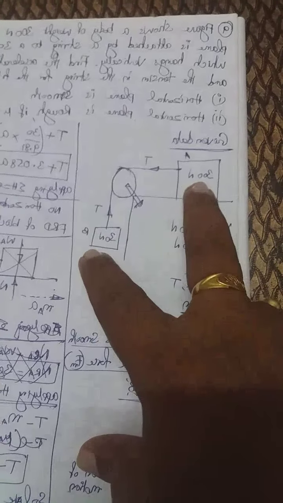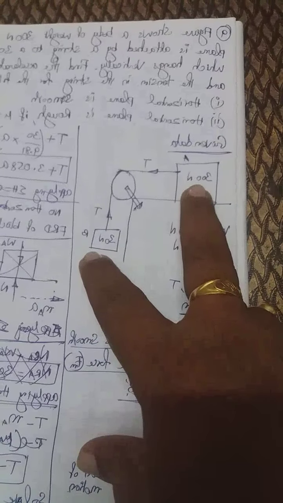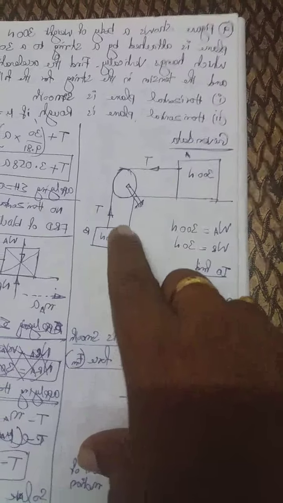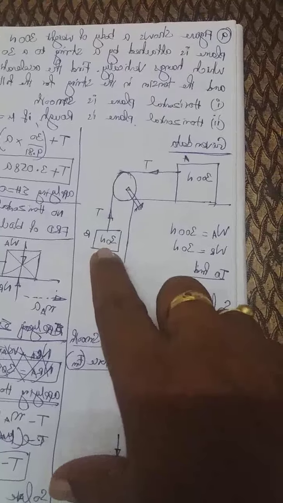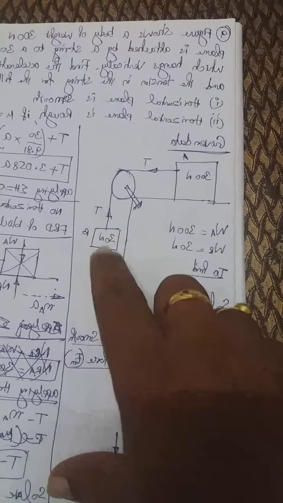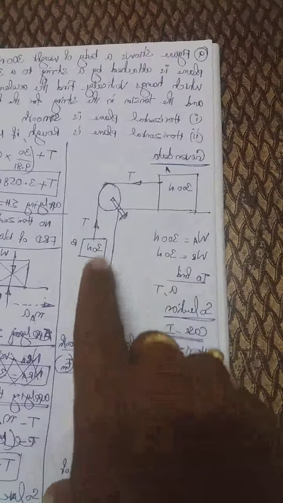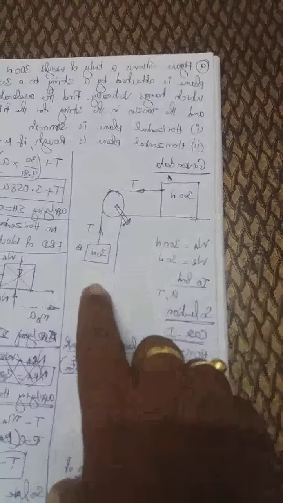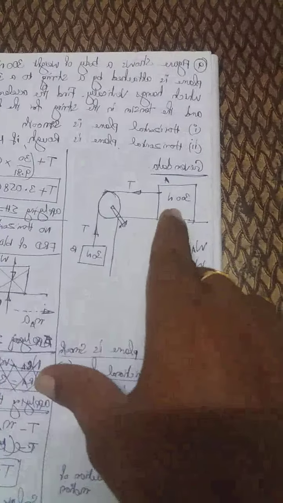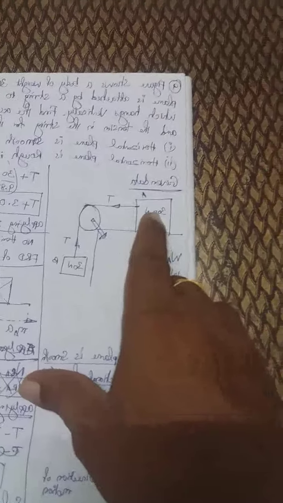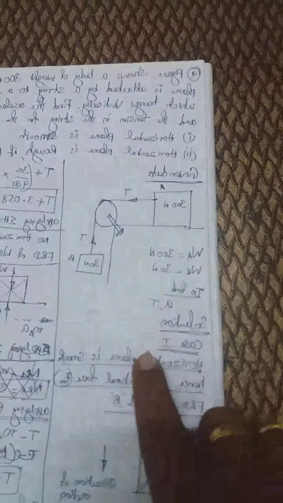Because the 30 Newton weight is hanging, block B moves in the downward direction, and block A moves towards the rightward direction. This is a basic concept.